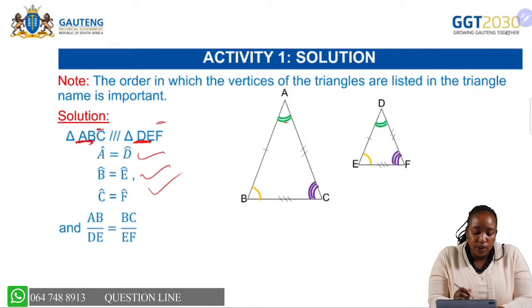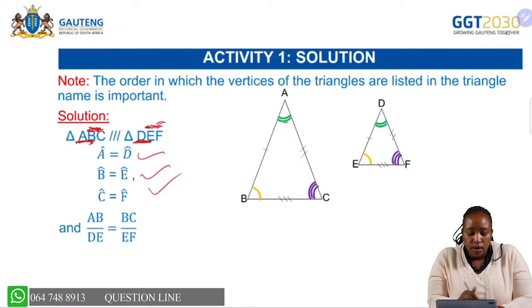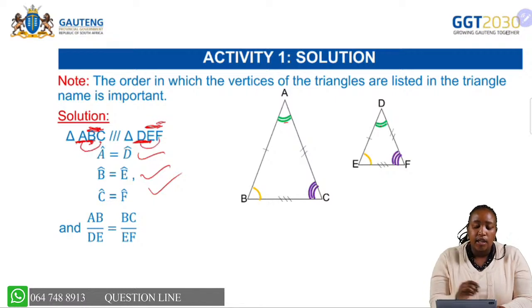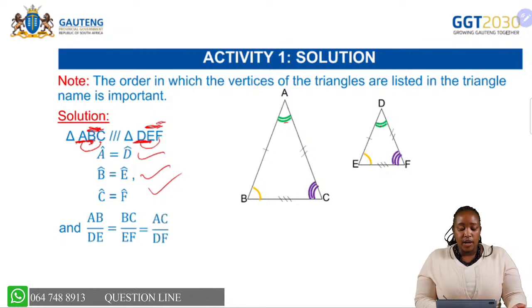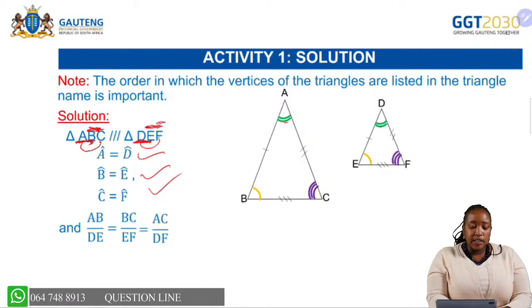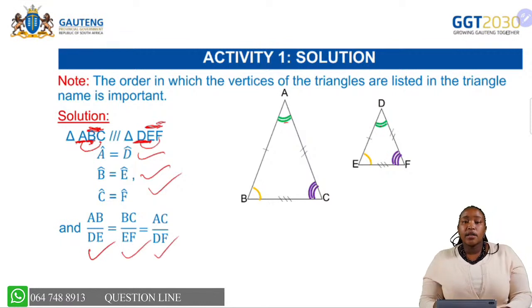It will be equal to what? Which side? BC and EF. So it will be BC divided by EF there. And then the last pair of sides would be the first letter and the last letter, AC divided by DF. If you have these three ratios, then you also get a mark.